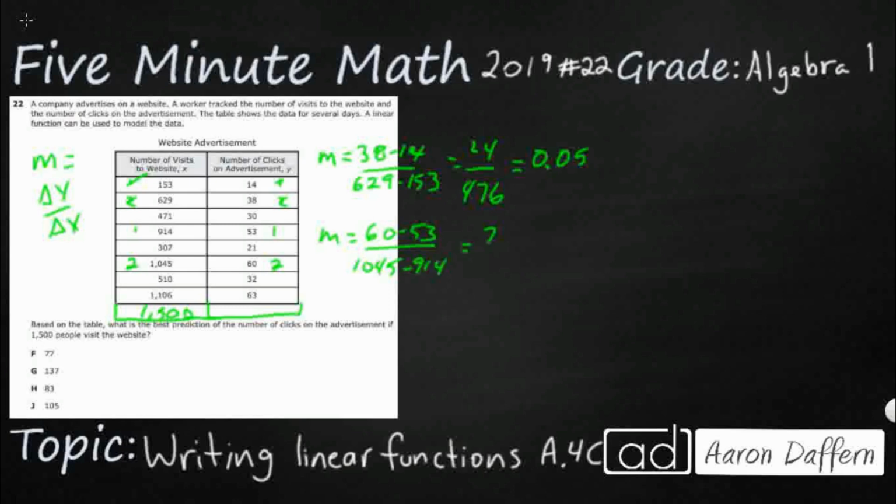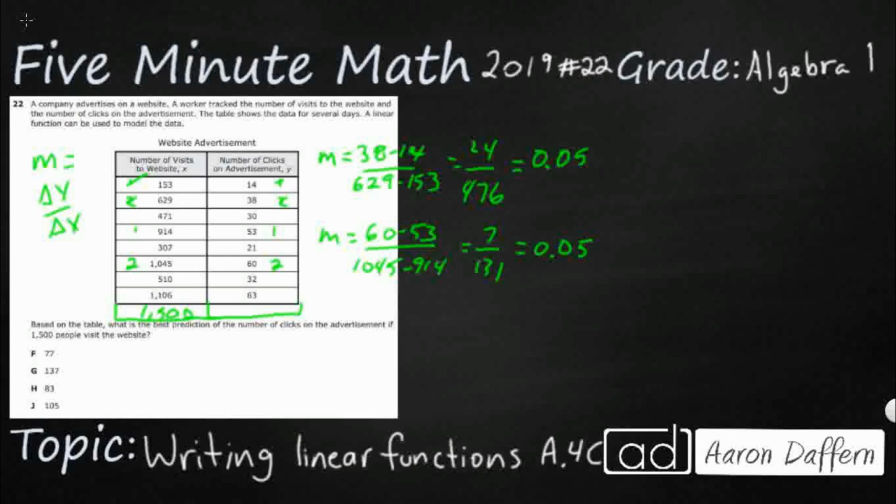So that's going to be 7 over 131. So 7 divided by 131 gets you, look at that, 0.05. This one is 0.053. Still going to round that to 0.05, but I'm feeling pretty good about my m.